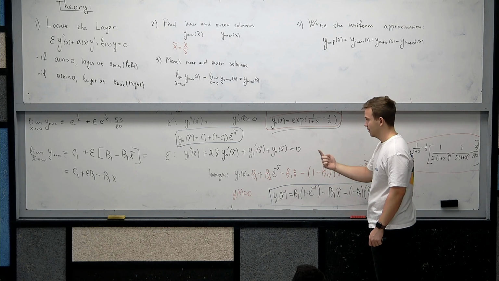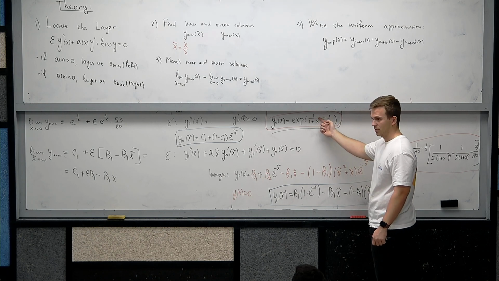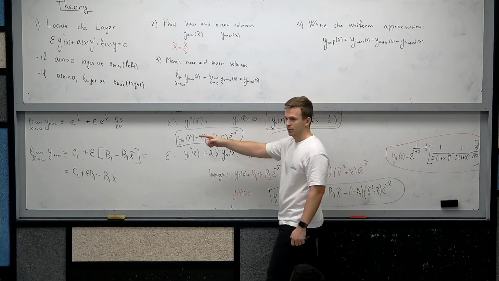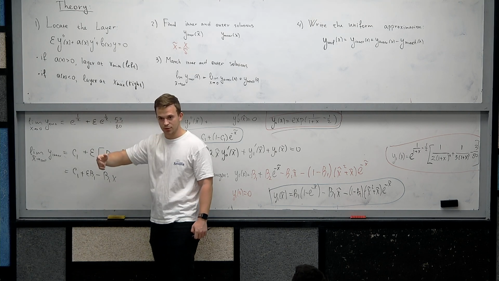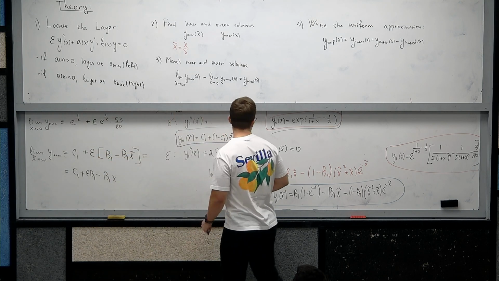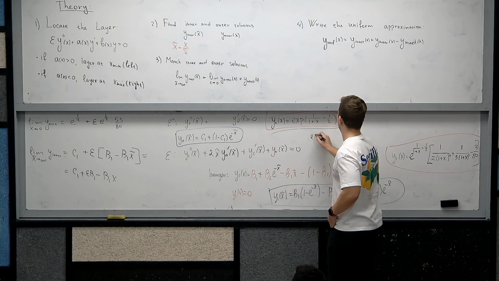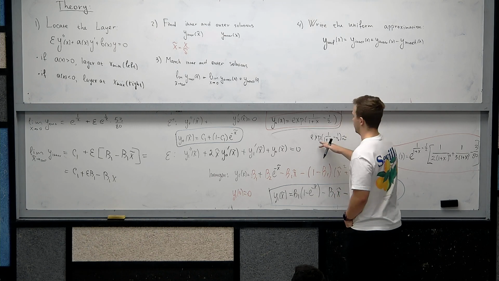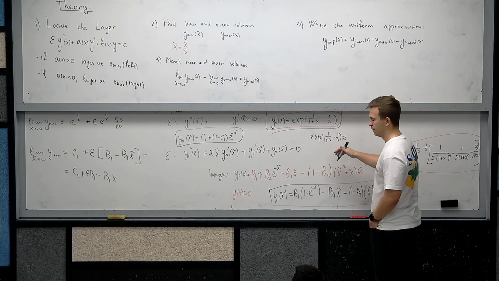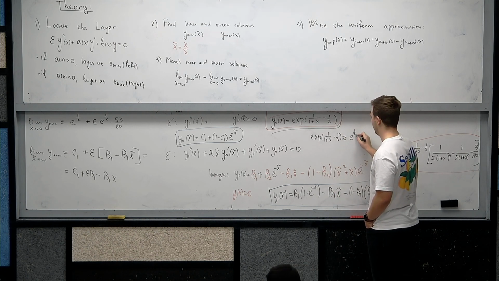So the first term of the Taylor expansion, as x goes to 0, is e to the 1/2.